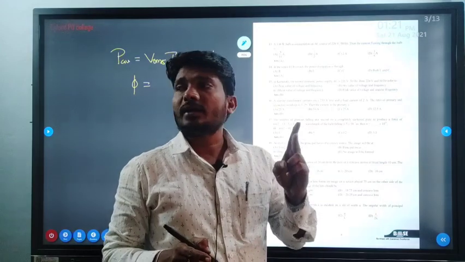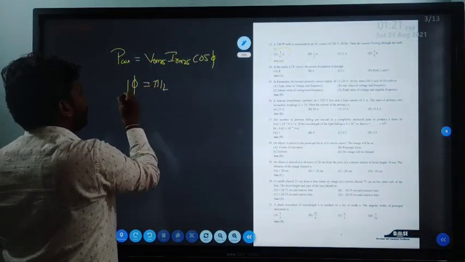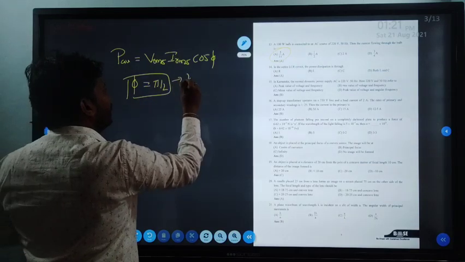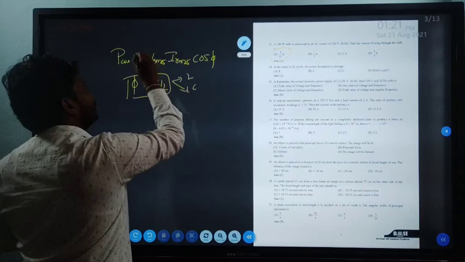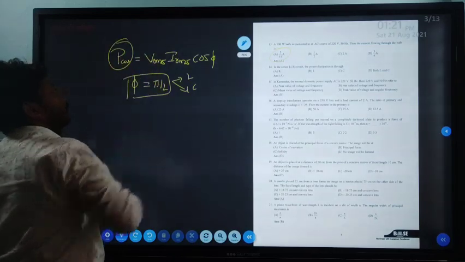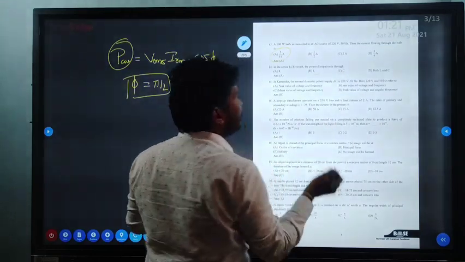In case of inductor and capacitor, phase difference is 90 degree. Cos of 90 means 0. So average power loss in case of inductor and capacitor is 0.